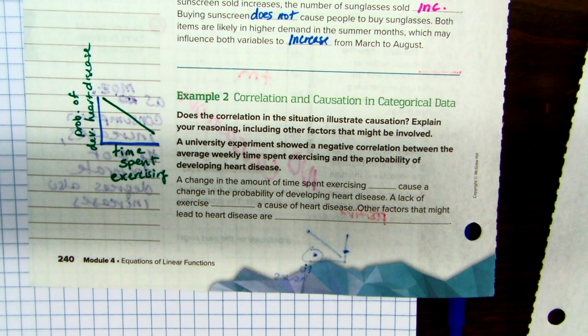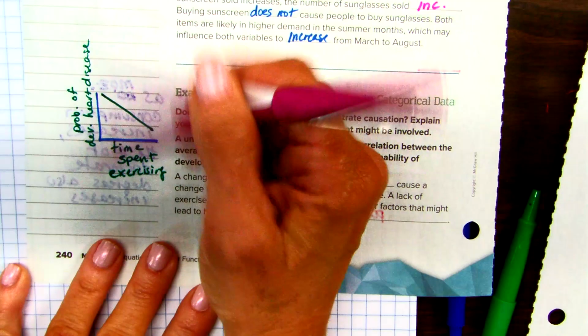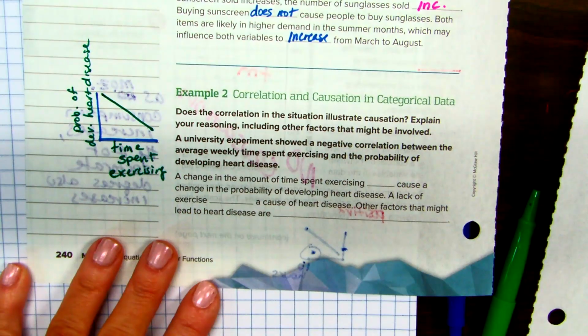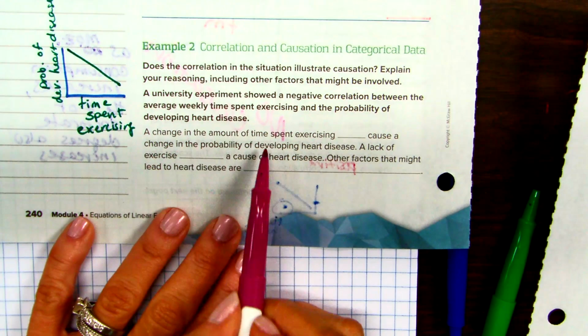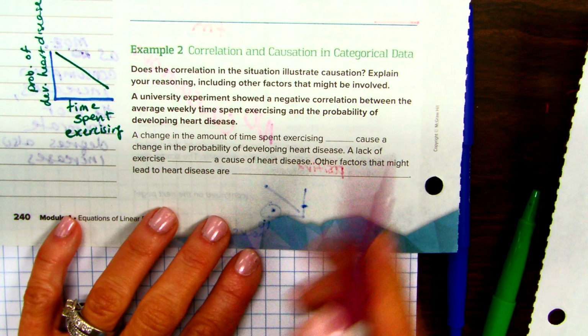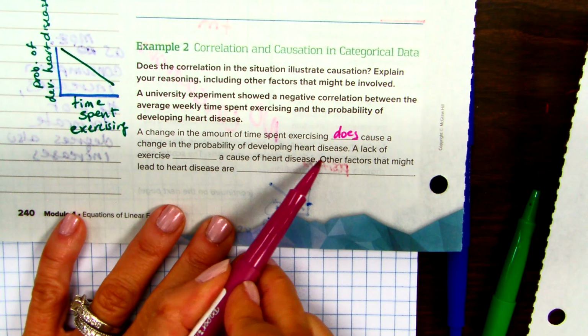We know this. I mean, you guys are young, so your doctors aren't talking to you about stuff that my doctors are talking to me about. You know, as we get older, it's very important to have a healthy heart and eat right and blah, blah, blah, right? You may not be thinking about that, but I think it's common knowledge, right? Exercise is good for the heart, okay? So the more you exercise, the more healthy you'll be, right? So a change in the amount of time spent exercising does cause a change in the probability of developing heart disease.